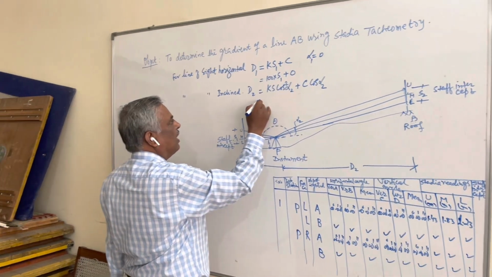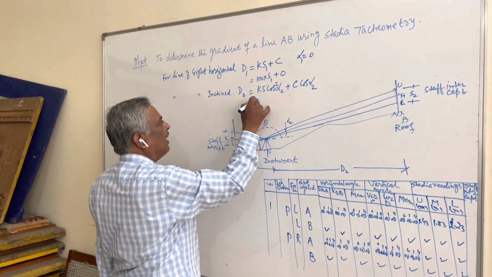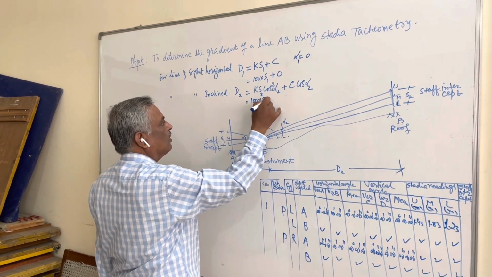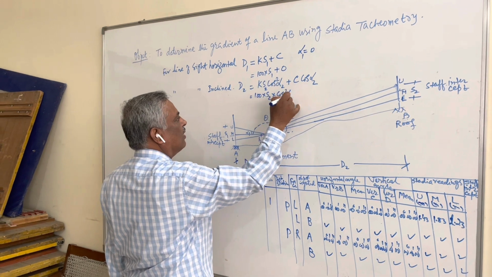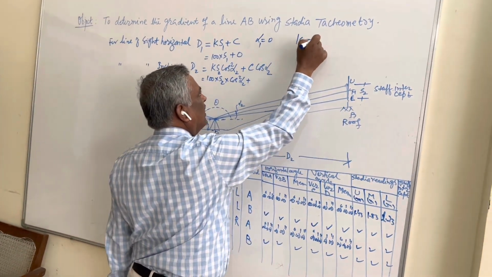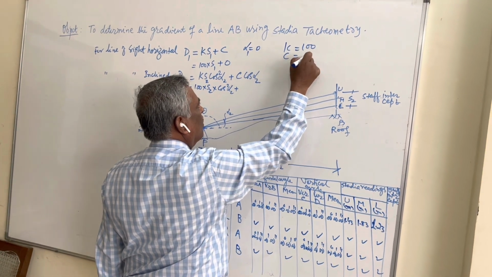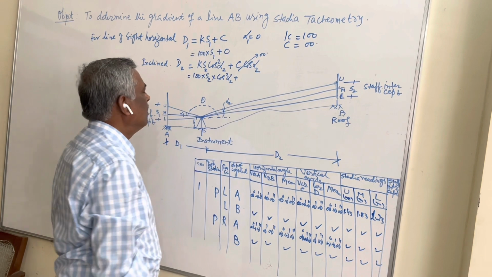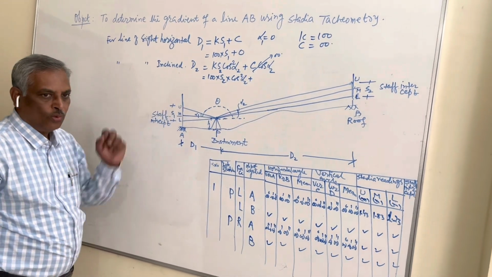So now this value, 100 into S2 into cos square alpha 2. C is 0, K is 100. C is 0. Therefore, this term will be 0. So this is the horizontal distance D2.